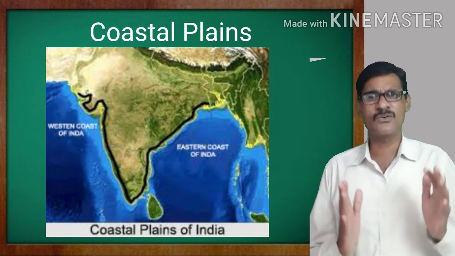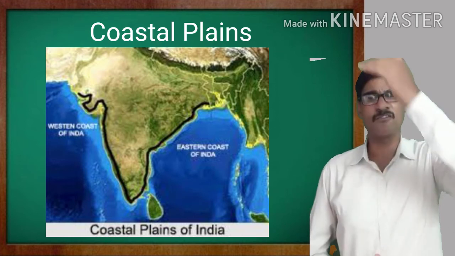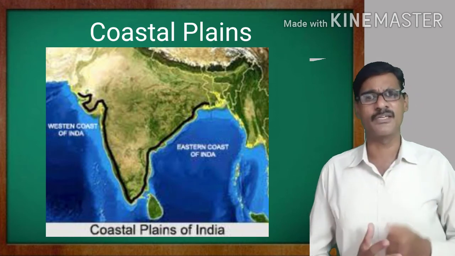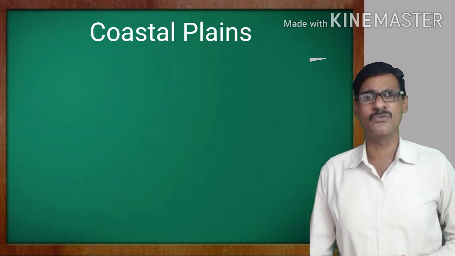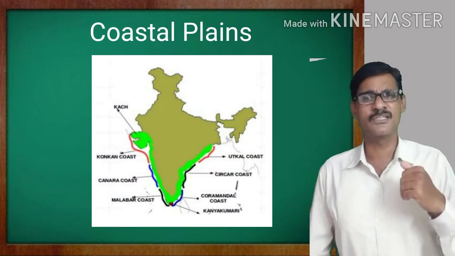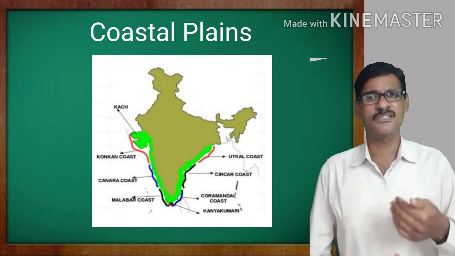This western coastal plain starts from the Rann of Kutch to Kanyakumari, and it is divided into three parts: northern part, middle part, southern part.